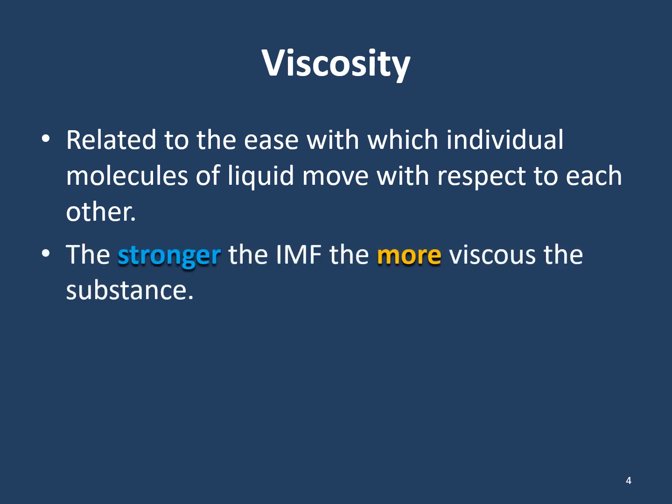The stronger your intermolecular forces, the more viscous your substance will be. So something like honey or syrup, these are very viscous liquids. They do not flow very fast. What that tells us is that they have very strong intermolecular forces within those systems.